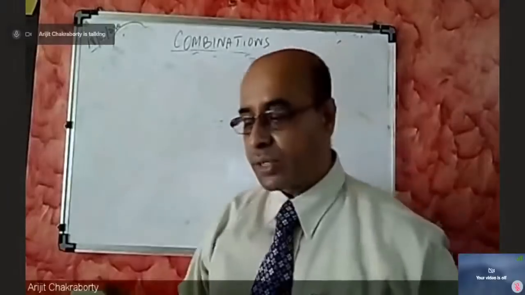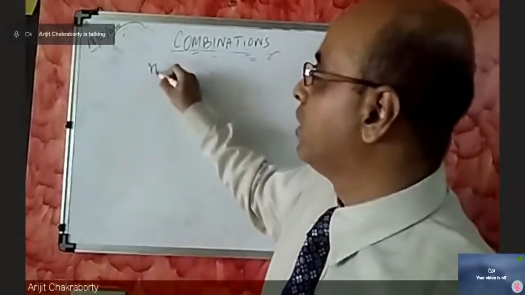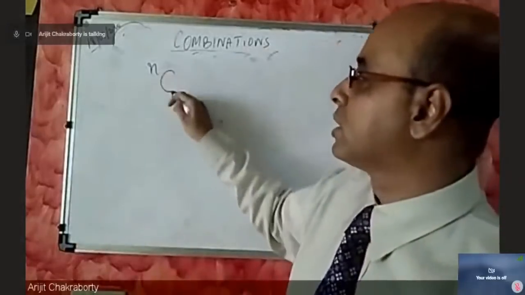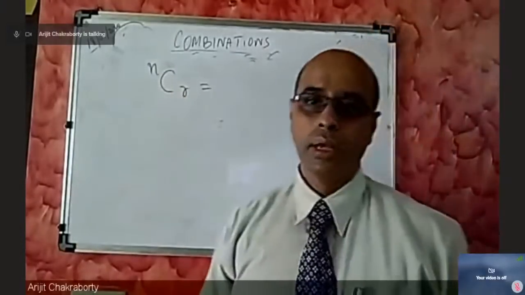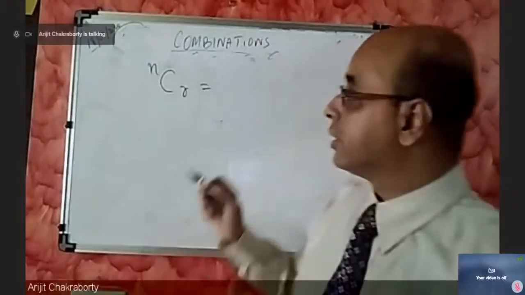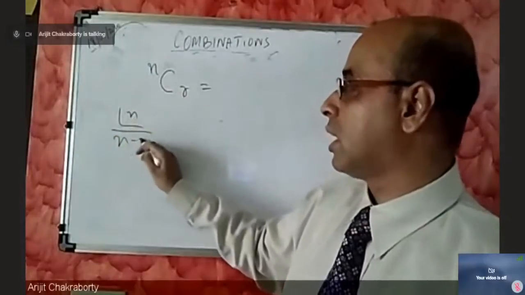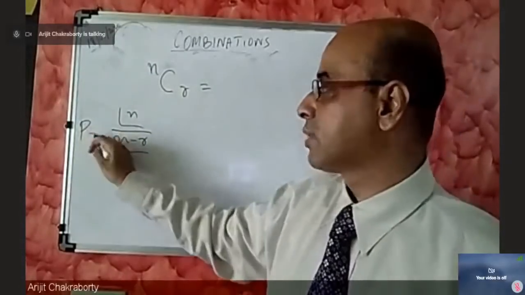Now in case of combination, let's quickly see the formula. In case of permutation it was nPr, in case of combination it is nCr. The formula in case of permutation was n factorial divided by n minus r factorial.